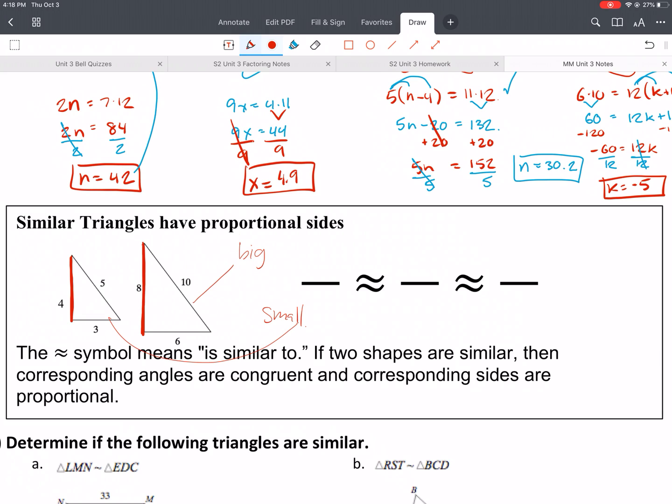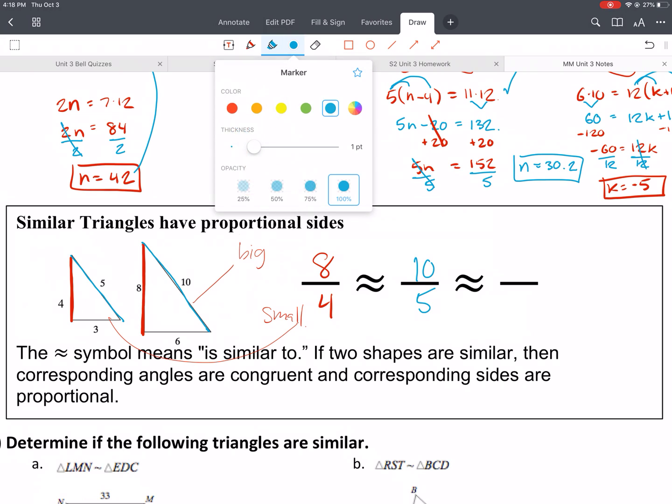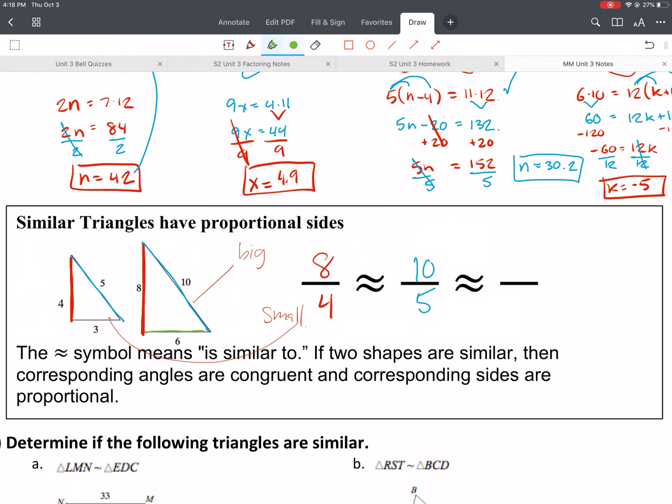We would want to write down the ones that are corresponding. So big would be 8, and its corresponding side would be 4. Then we could use 10, and its corresponding would be 5, so we'd do 10 over 5. And then at last, we could use 6 and 3.